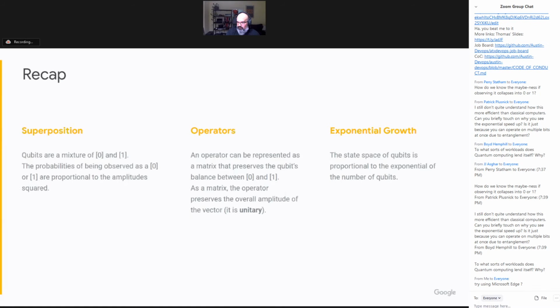Generally speaking, all of the quantum algorithms make use of something called quantum parallelization. The more metaphysically minded would think of it like you're farming out the computation to different universes. This is the many worlds interpretation of quantum mechanics.